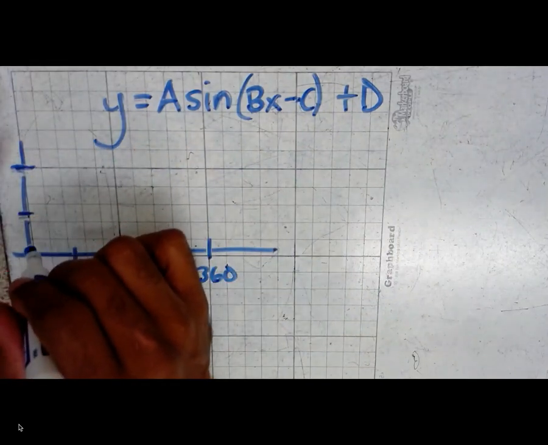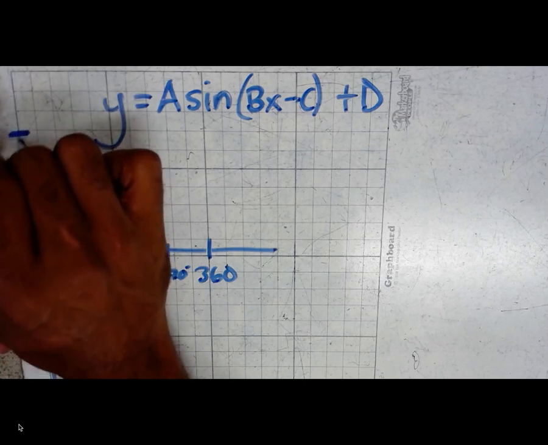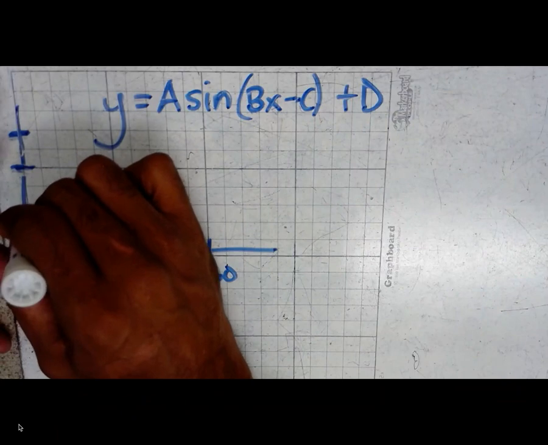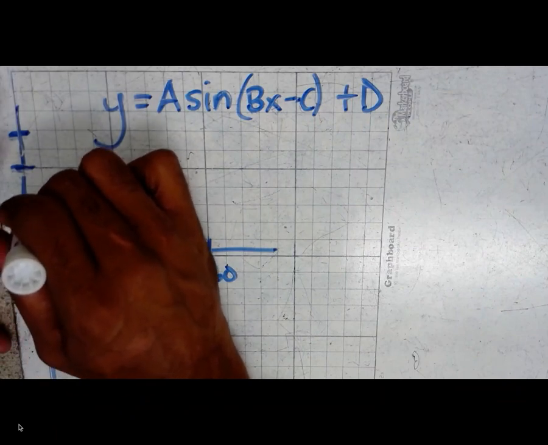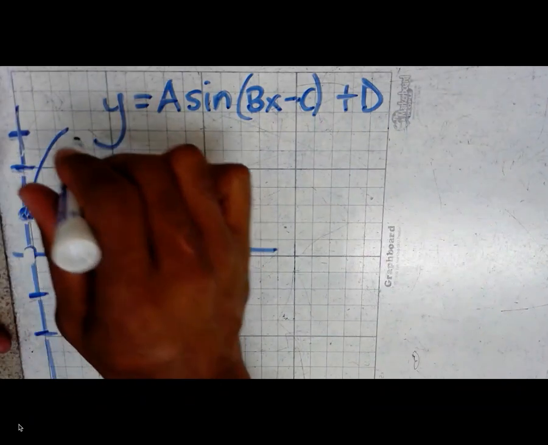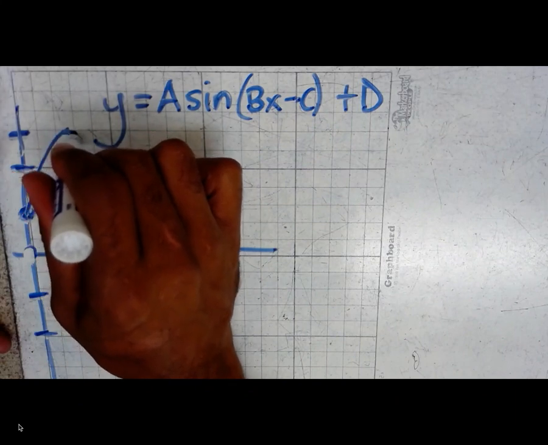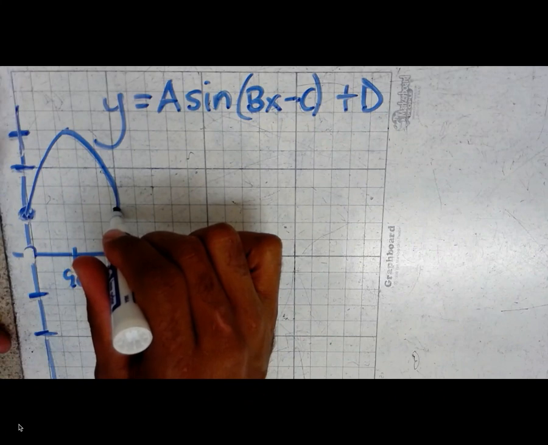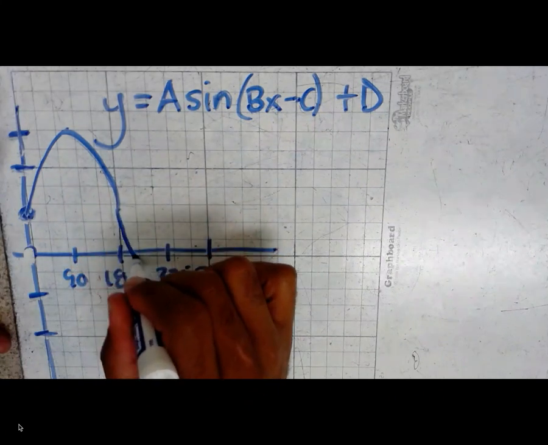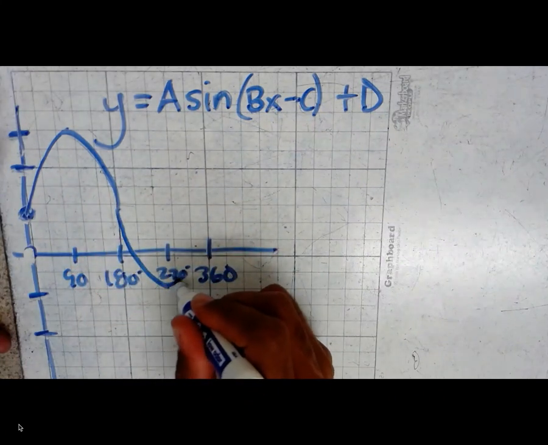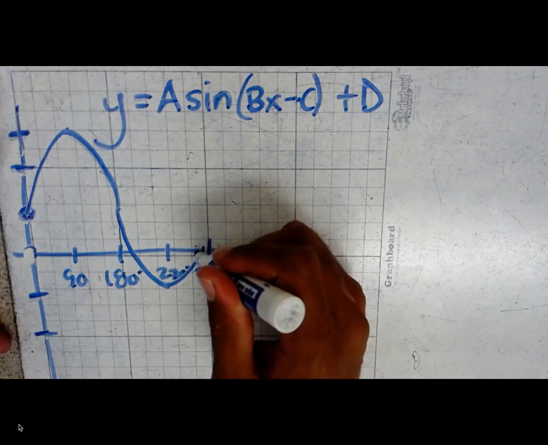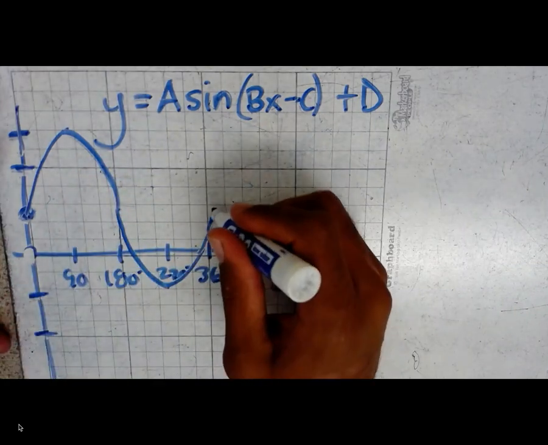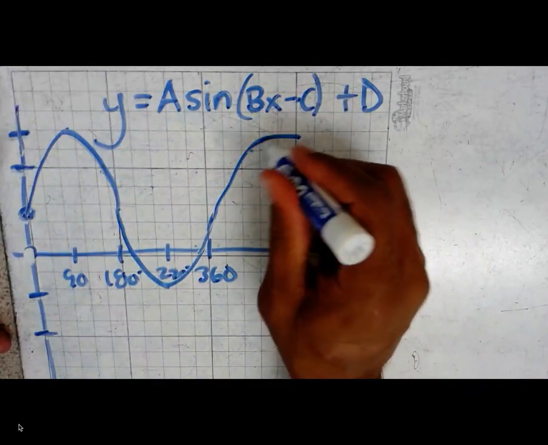Actually, let's say it starts right here, and it goes up to here and comes back down, and then goes down to here and comes back up to here. Okay. And then it just repeats itself, right?